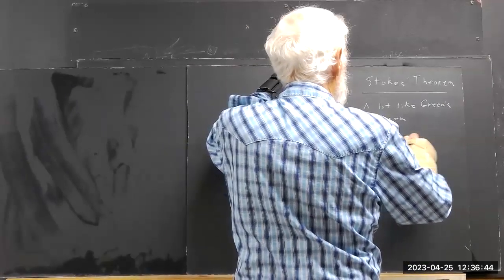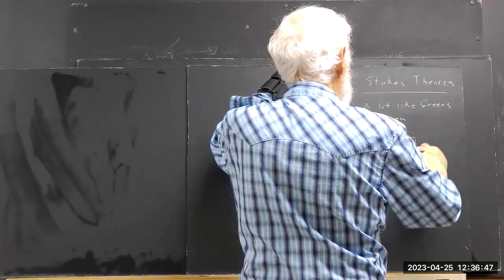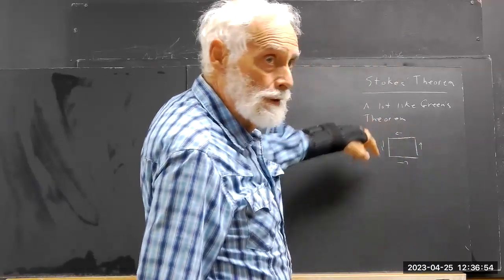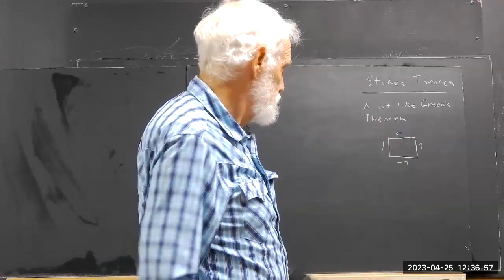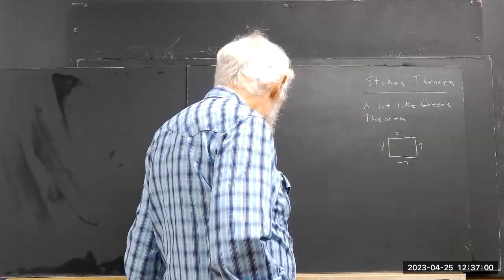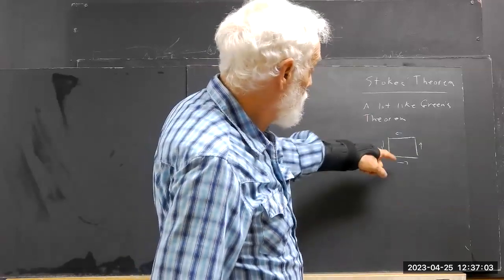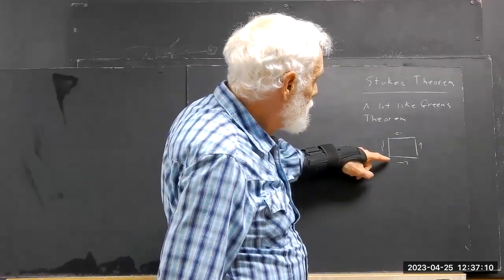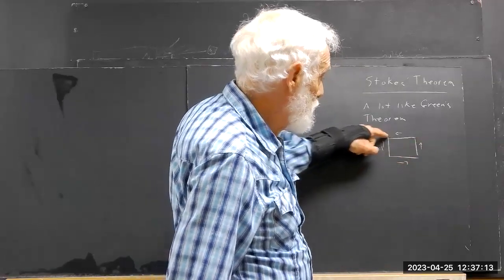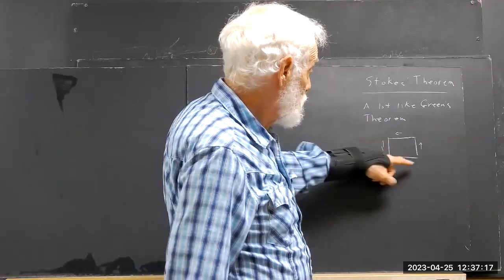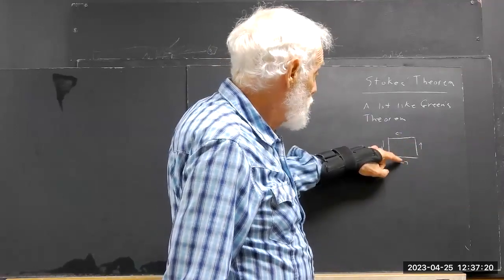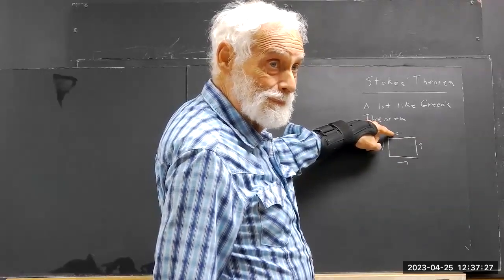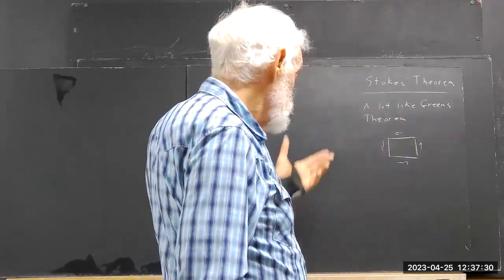And the picture for Green's theorem: we have an integral around the boundary of the region, and it's related to an area by the fact that the difference in what you get on this part of the path and what you get on this part of the path depends first on the length of the path and then on the distance, the y distance let's say, from here to here, and the y derivative of your function.